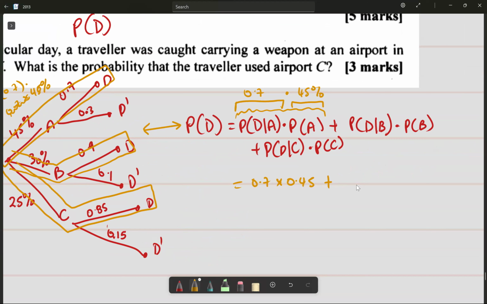Probability of D given B is 0.9 times the probability of B, which is 0.3, plus the probability of D given C is 0.85 multiplied by 0.25. The final answer is 0.7975. Cool.